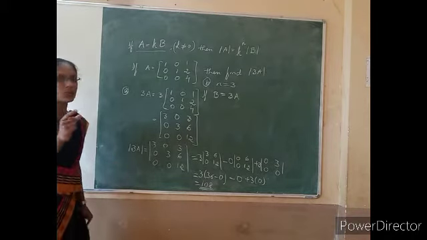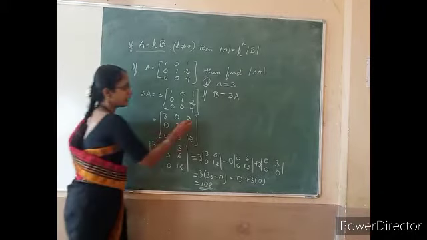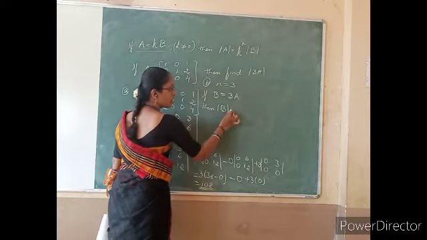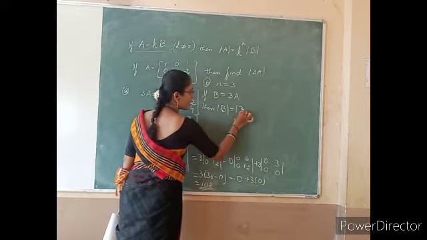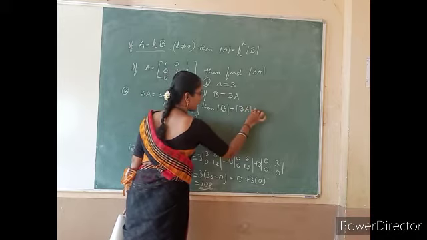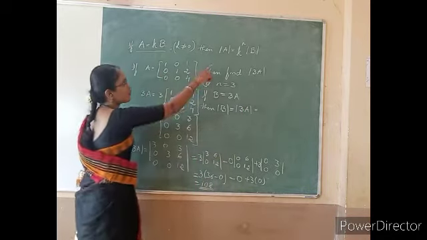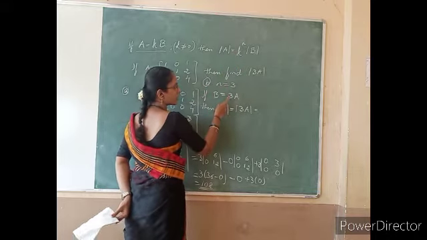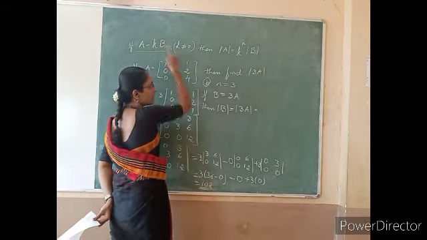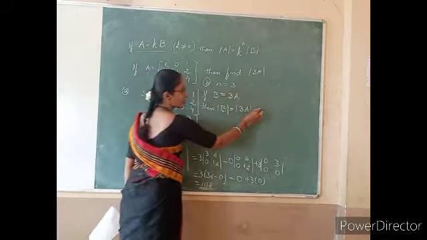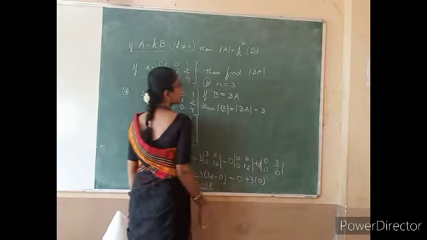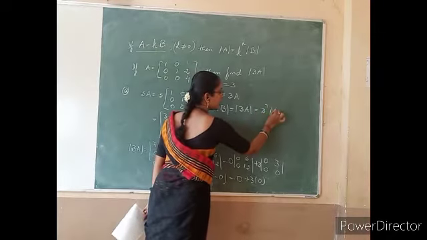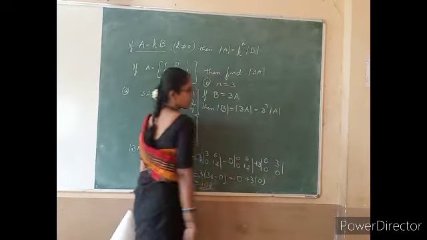If B is equal to 3 into A, then determinant of B equals determinant of 3 into A. This is nothing but, what is the formula? Determinant of B is K to the power n into determinant A. What is K if you compare? The value of K is 3. So this is 3 to the power n, and again n is 3, 3 to the power 3 into determinant A.